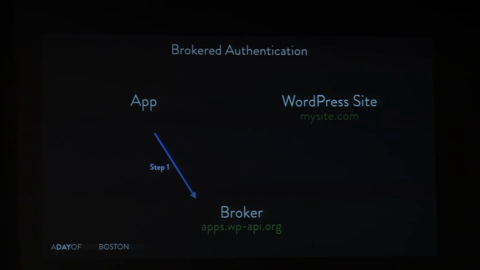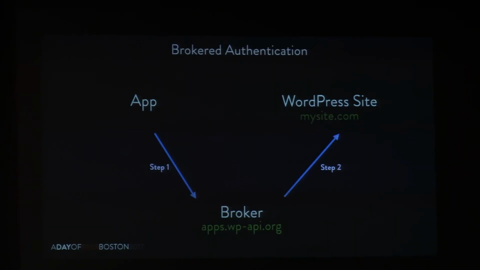So step one is when the app wants to communicate with your site, it actually contacts the broker and asks the broker to be able to communicate with the site. The next thing is the broker needs to contact the site and say, please create me an app in an OAuth sense so I can connect this client to you. So the WordPress site creates that and passes some keys back to the broker, and then the broker forwards those keys onto the app.